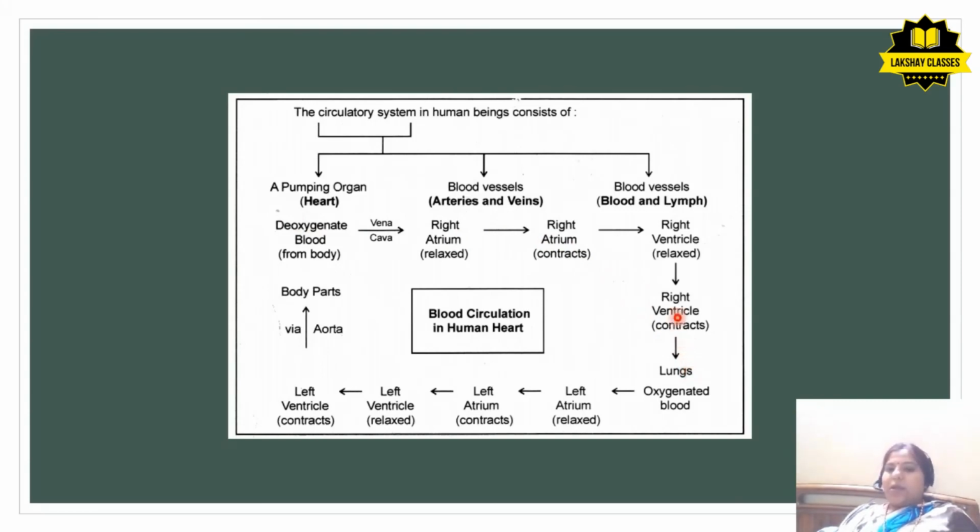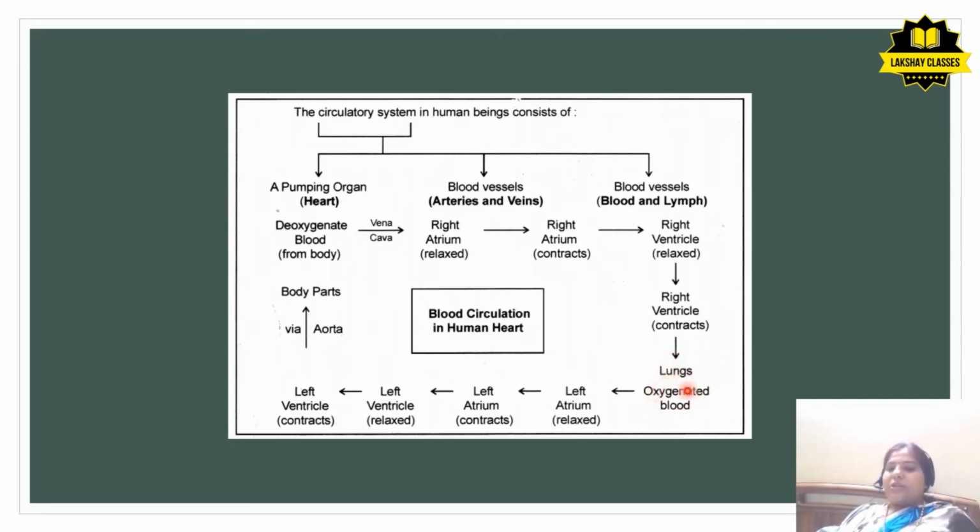Now, when the blood is taken to the lungs, the deoxygenated blood is taken by the pulmonary artery. I explained that arteries carry oxygenated blood, but the exceptional case is the pulmonary artery, which carries deoxygenated blood from the heart to the lungs. Now, the blood has gained oxygen from the lungs.